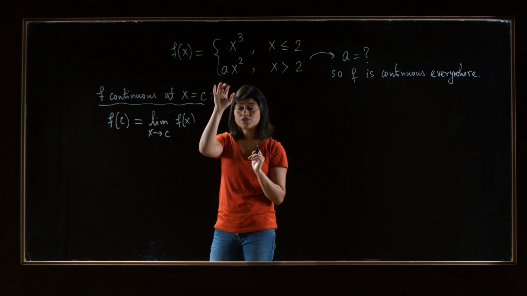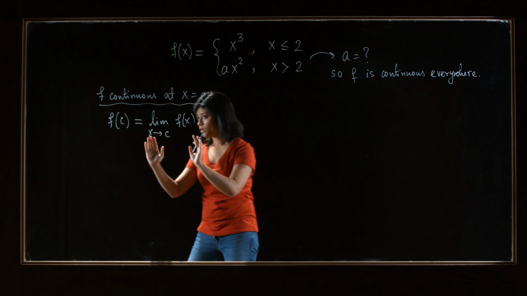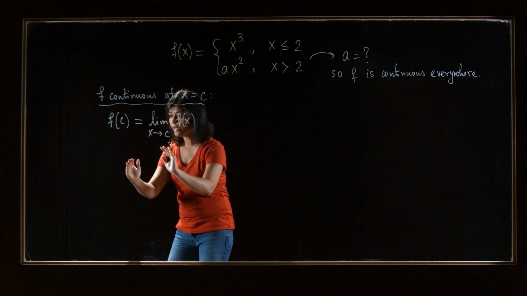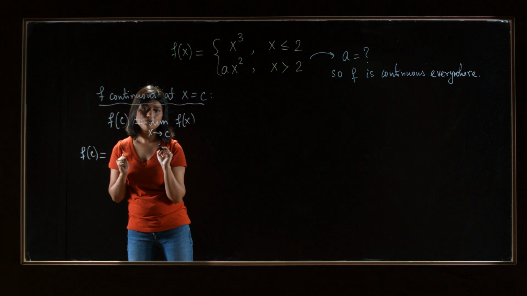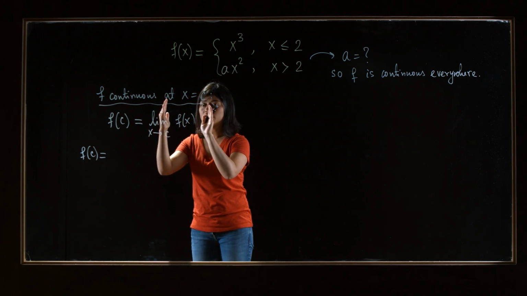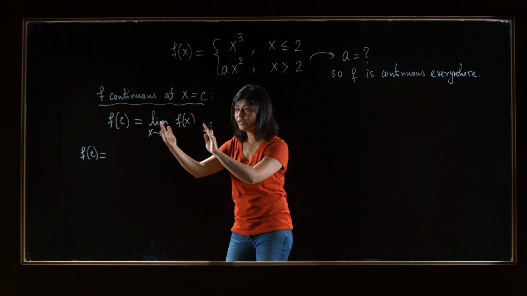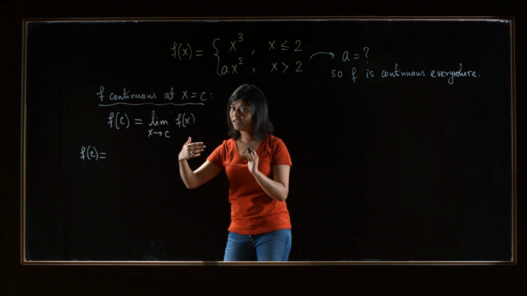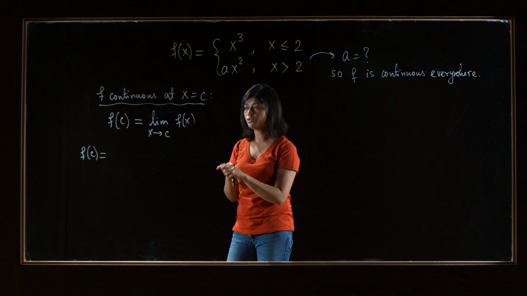Now for this particular problem, let me break this definition up a little bit more. This is equivalent to saying that f of c should be equal to the limit, but remember, what does it mean for a limit to exist? That means the left-hand limit and the right-hand limit should exist, and they should be equal to each other.